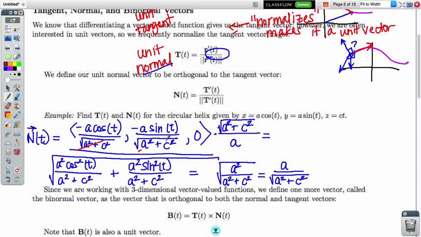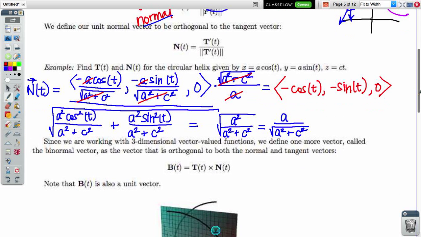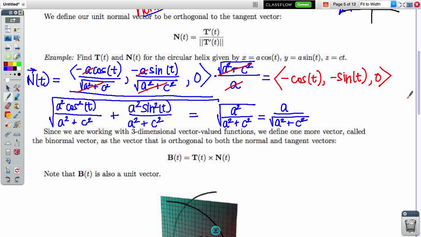So both of these square roots are going to cancel with that one. The a's are going to cancel out, and I think my final answer, when I'm all done with this, is just going to be negative cosine and negative sine and 0, and that's it. So there's my unit normal. I erased my unit tangent, but those two things were orthogonal.